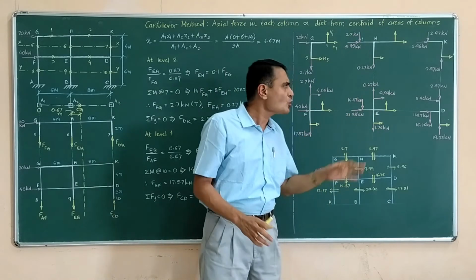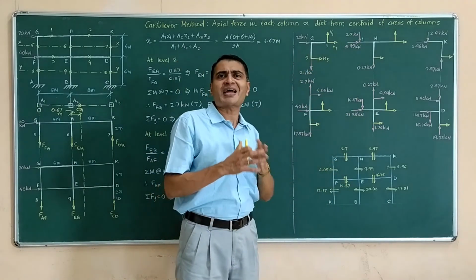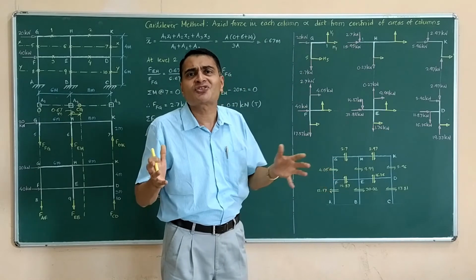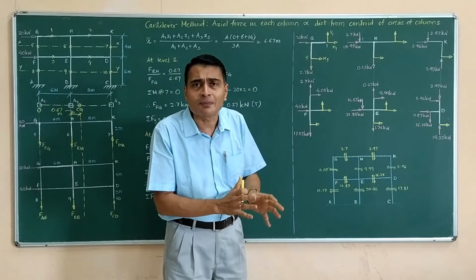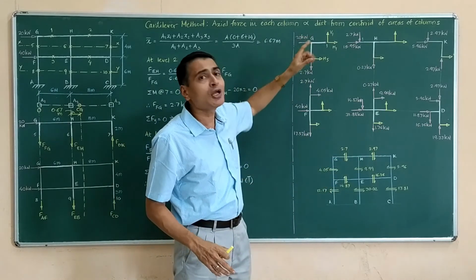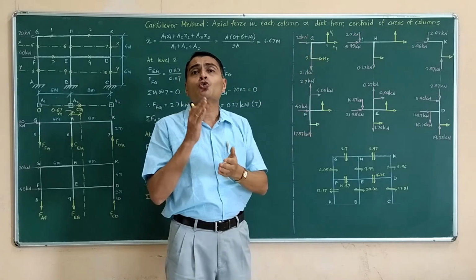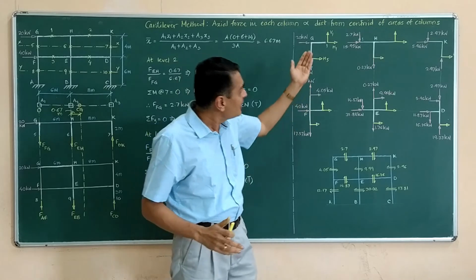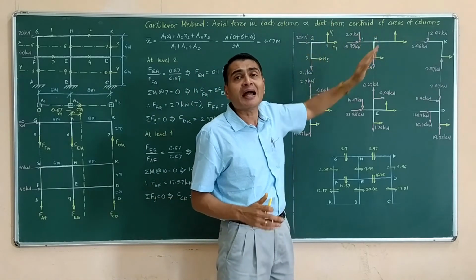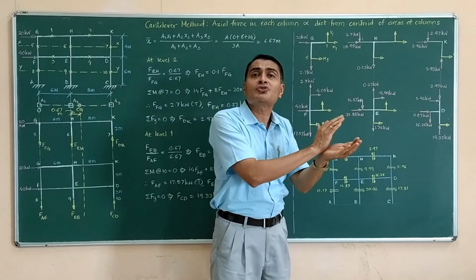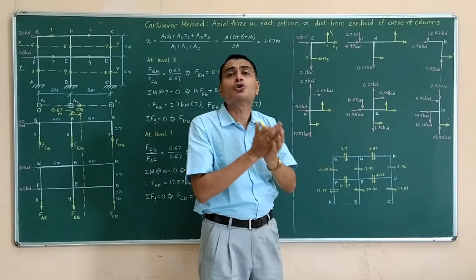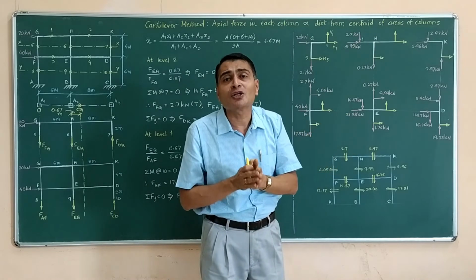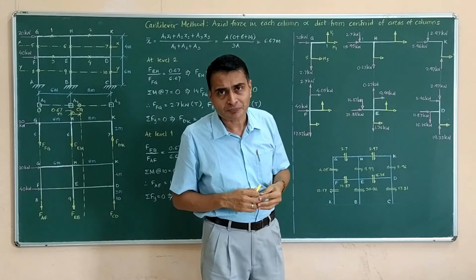So likewise, don't copy my diagrams at a stretch. Please don't do that. Show this FBD, solve this FBD, know the actual sense, left or right, up or down. Then go to the adjoining member and then try to show equal and opposite sense on the adjoining member so that the give and take criterion will be satisfied.